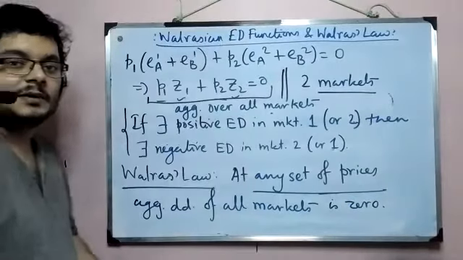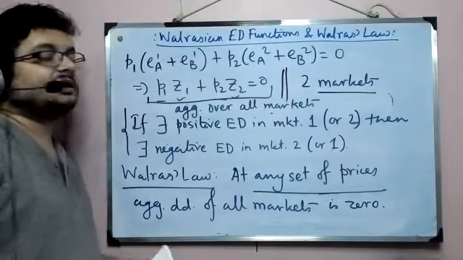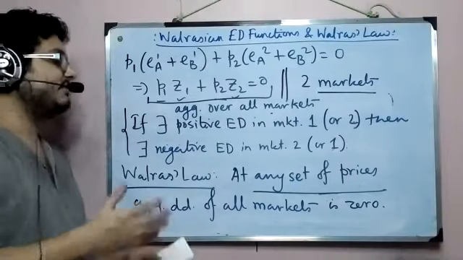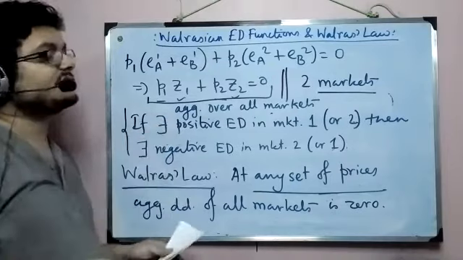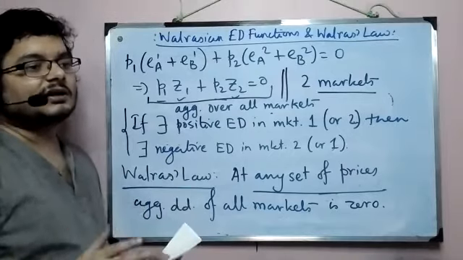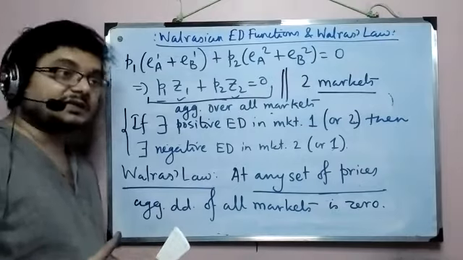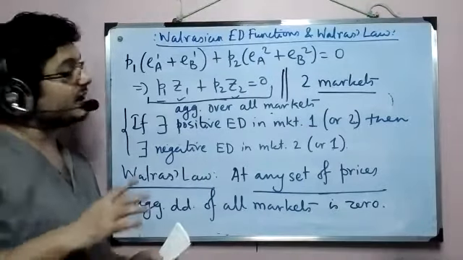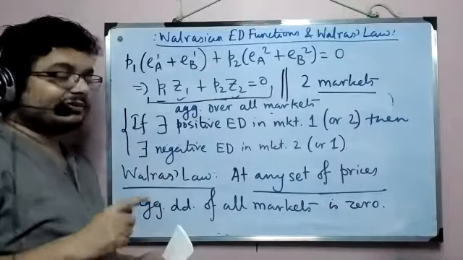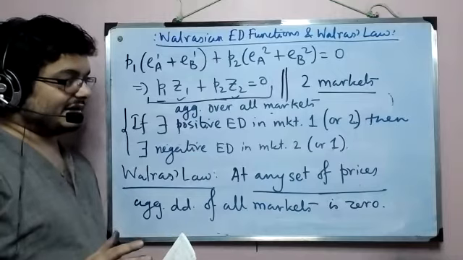All right. So that means, if you consider n markets, or let's make it smaller, if you consider these two markets together, then you cannot have excess demand or excess supply. But yes, if you consider one market out of these two, then you can have excess demand or excess supply at any set of prices.